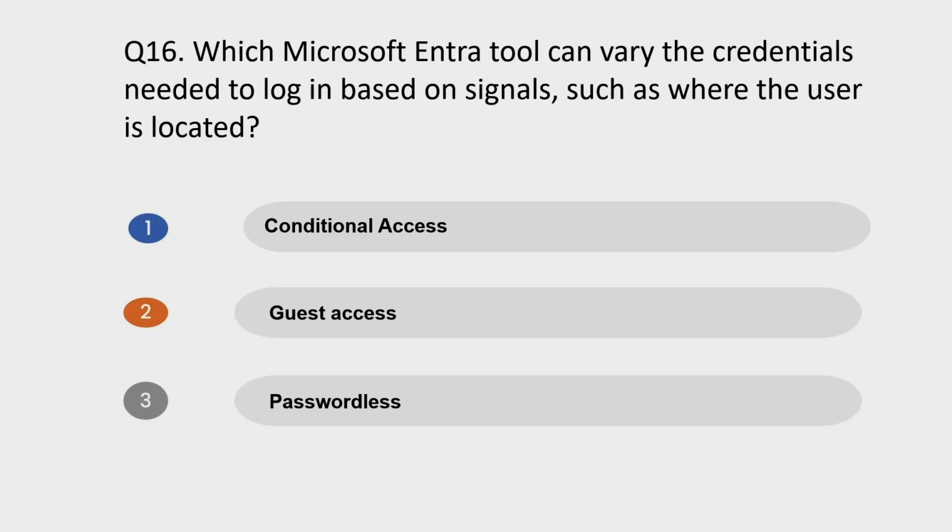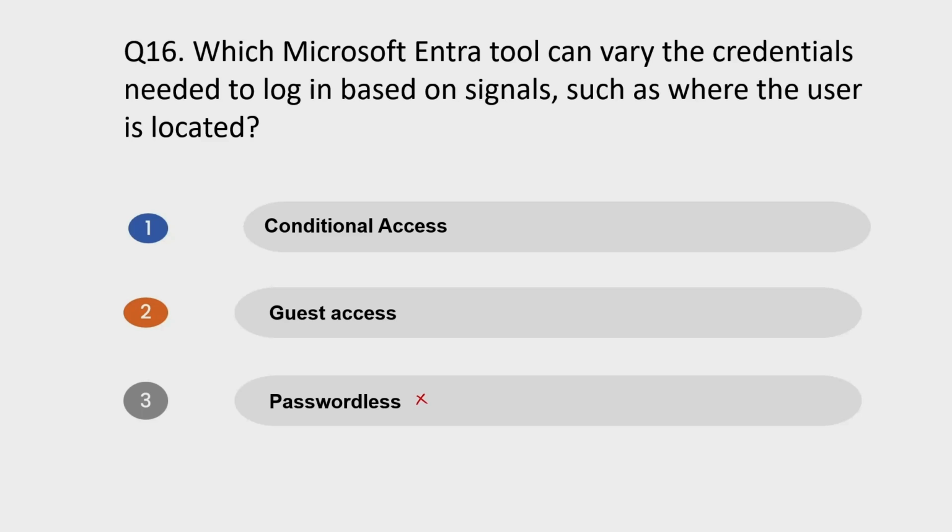Question number 16. Which Microsoft Entra tool can vary the credentials needed to log in based on signals such as where the user is located? If I wanted to eliminate the wrong answers here, I can simply eliminate the passwordless.